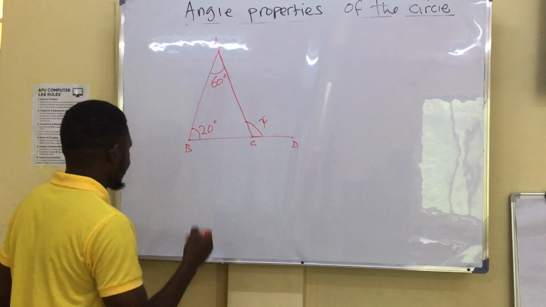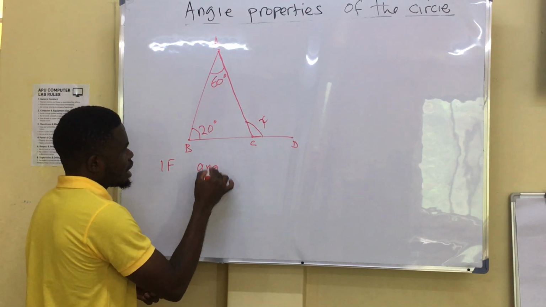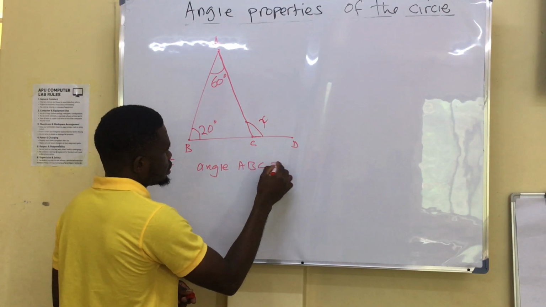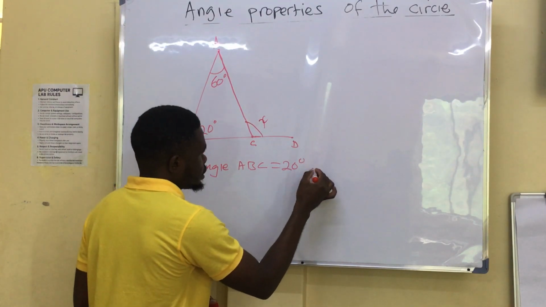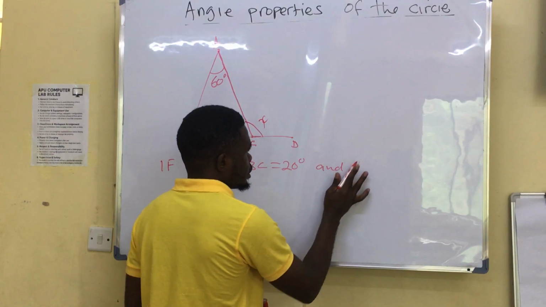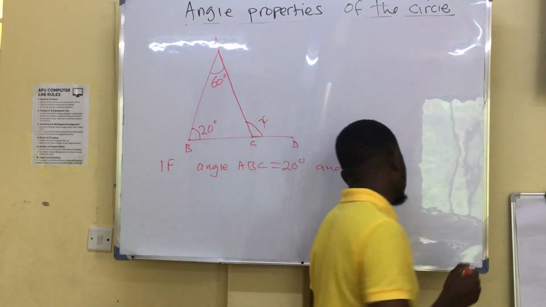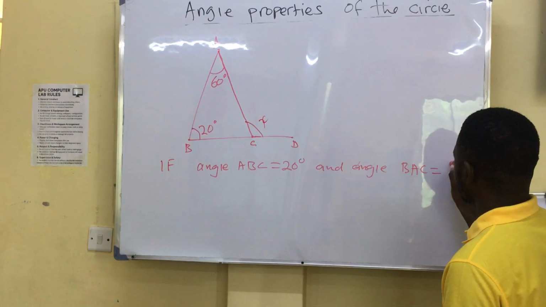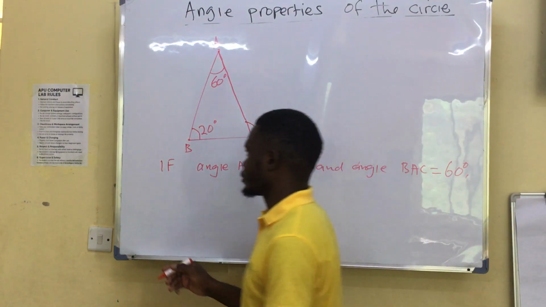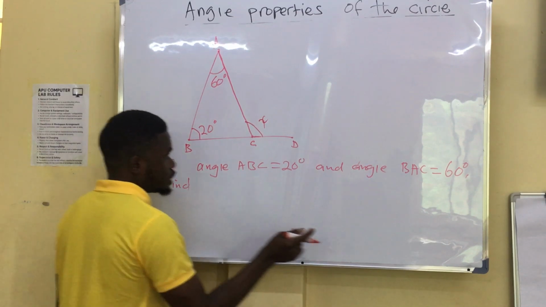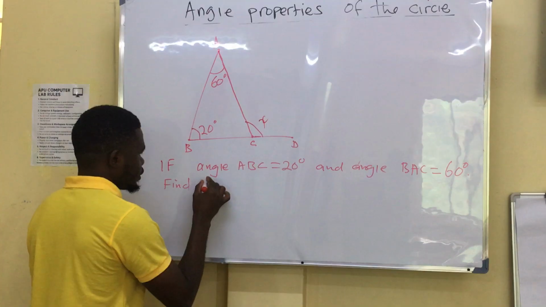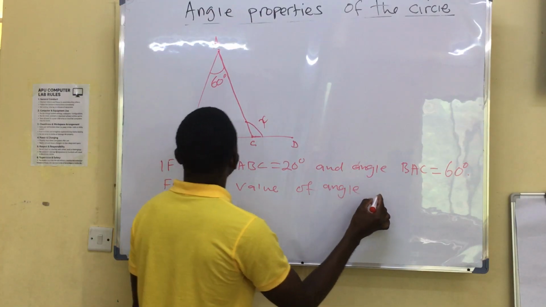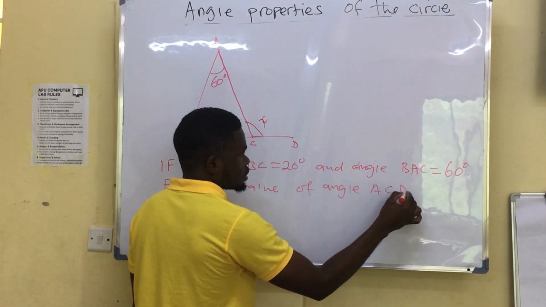The question now: if angle ABC is equal to 20 degrees, and angle BAC is equal to 60 degrees. Find the value of angle ACD.